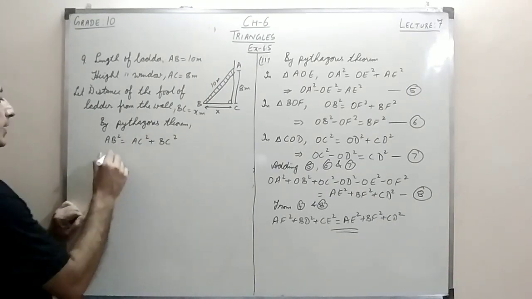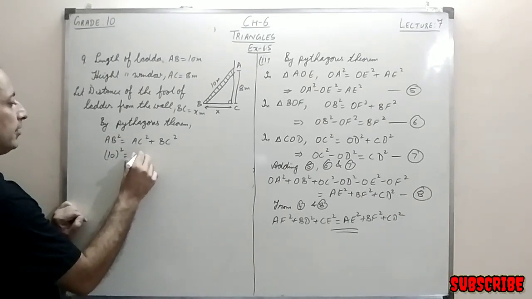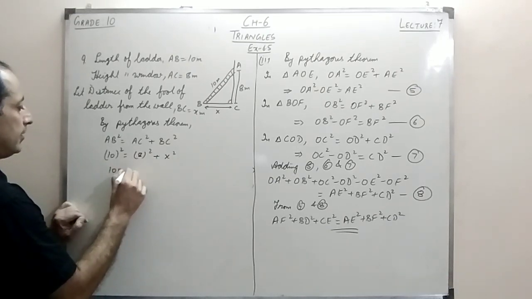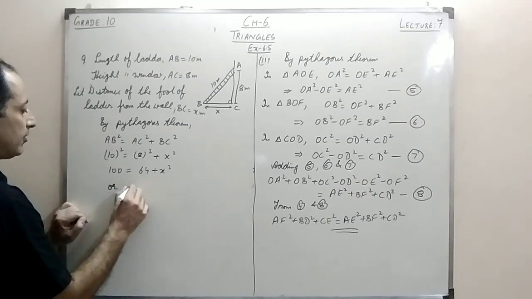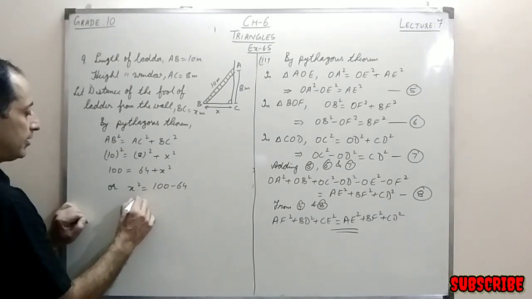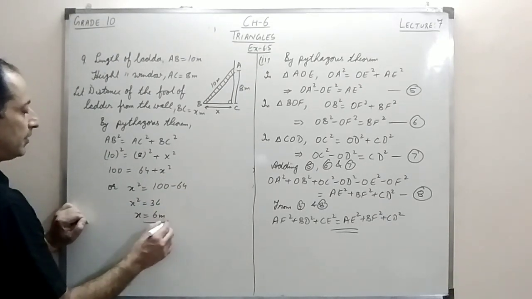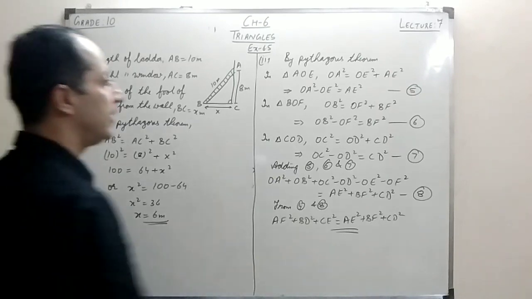So that means 10 square is equal to 8 square plus x square. So that is 100 equals 64 plus x square. Or we can say x square is equal to 100 minus 64, x square is equal to 36, and so x equals 6 meter. So this is the distance of the foot of the ladder from the base of the wall. Now let's see the next question.